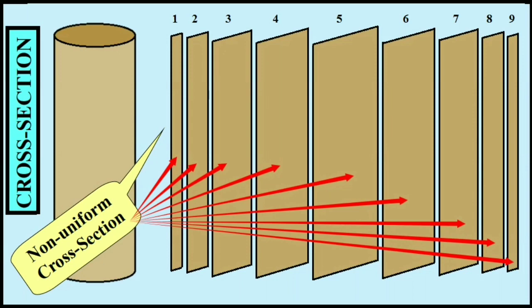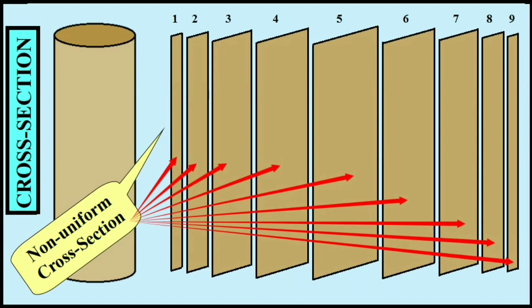And we know very well that in the calculation of volume and surface area of a solid figure, area of cross section can be used if the area of cross section is uniform in the object.